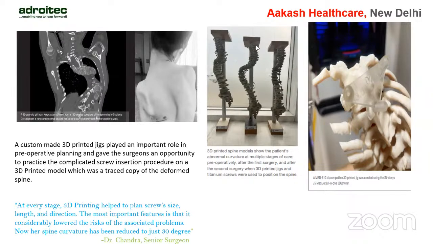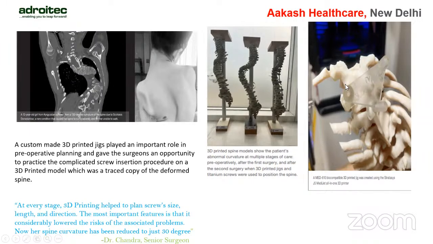You can see in this image, this model is an exact replica of this patient with 130 degrees curvature. In this second image, they tried to add some more jigs, but it totally failed. In this spine prototyping, they added more 3D printed jigs, which are created using an FDM machine.